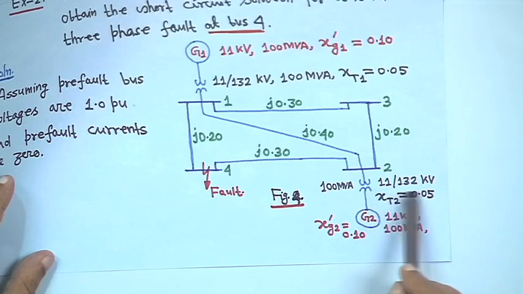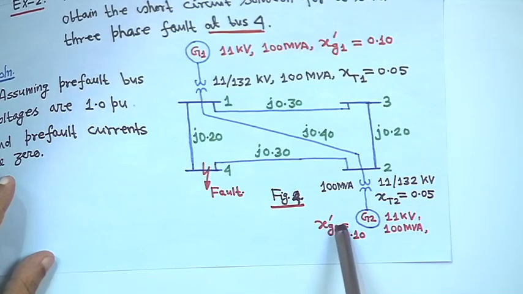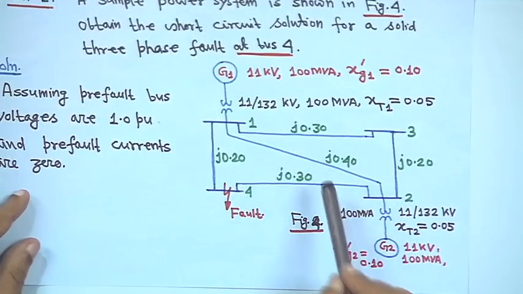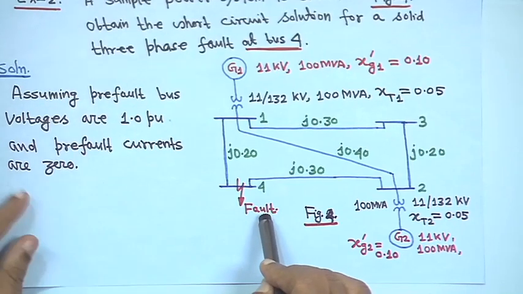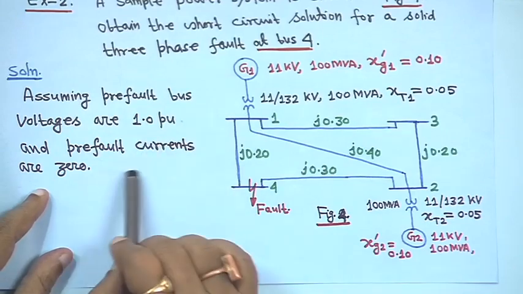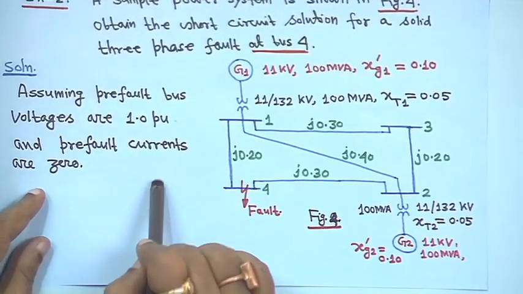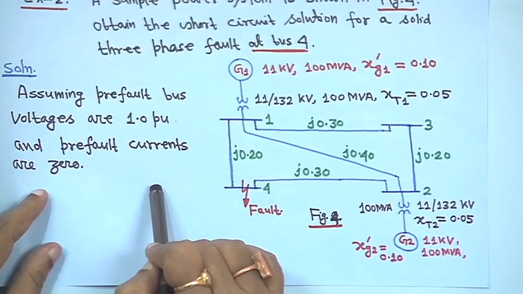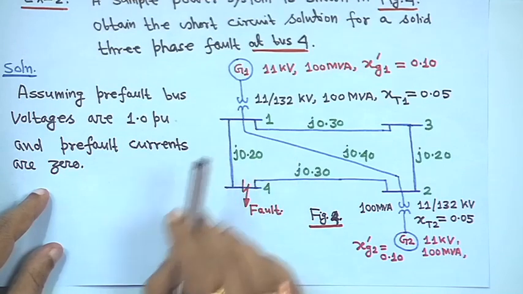The transformer reactance is given as 0.05, the generator is given x2 0.10, and all the line impedances are given, with resistance neglected. The fault has occurred at bus 4. Assuming pre-fault bus voltages are all 1 and pre-fault currents are 0, you have to find the short circuit solution.